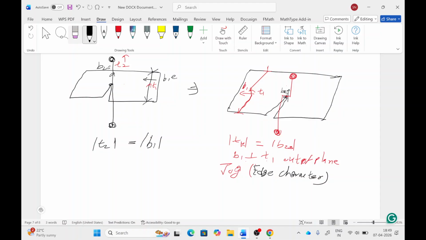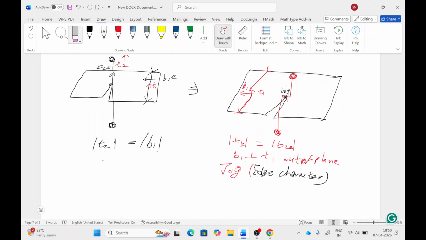screw dislocation gets shifted by a magnitude of B1, and it is in the plane. So no, it is not in plane.